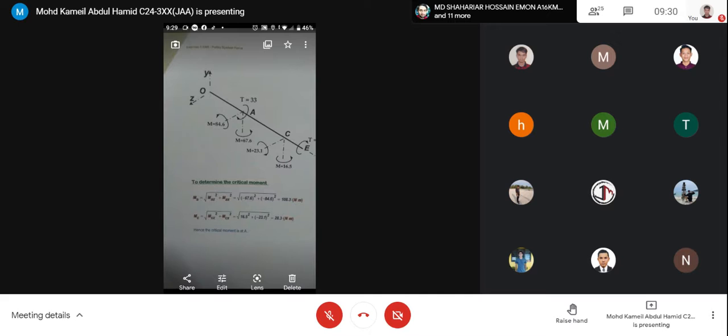Kemudian moment at point C, okay, so dapatkan dia punya total tu. Okay, at point C is square root of MCZ square plus MCX square. So you get your 28.3. So you have the two value bending moment at point A and point C. So comparing the two values, okay, you will get your critical. Critical moment is at point A, 108.3.